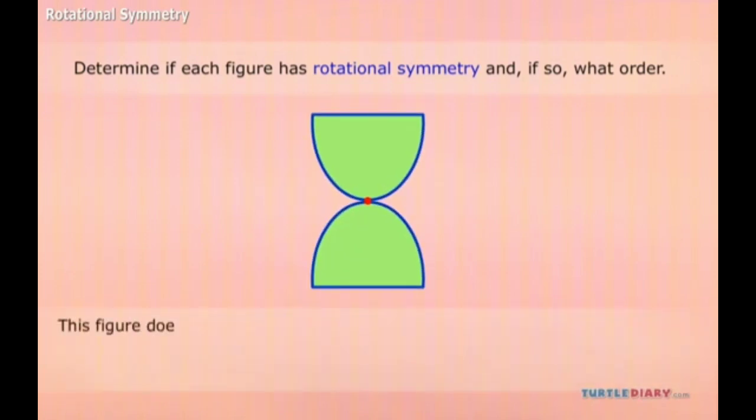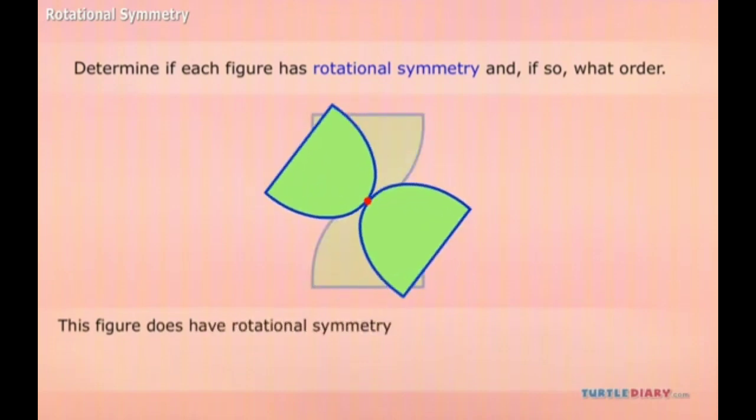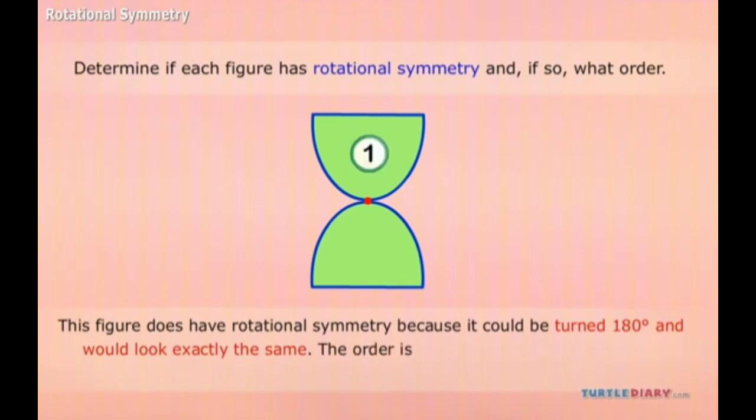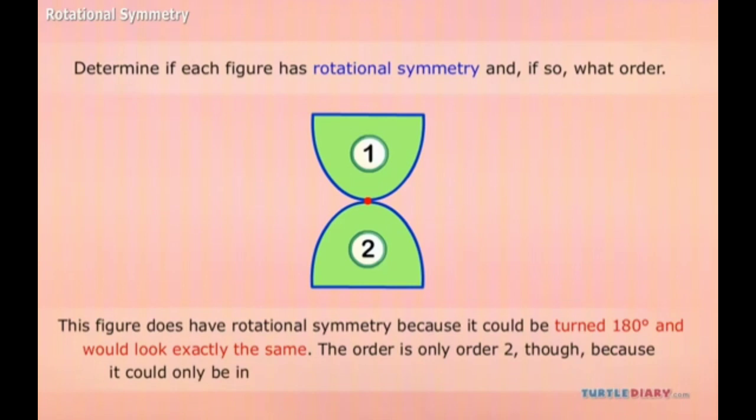This figure does have rotational symmetry because it could be turned 180 degrees and would look exactly the same. The order is only 2, though, because it could only be in 2 positions: the one it is now and upside down.